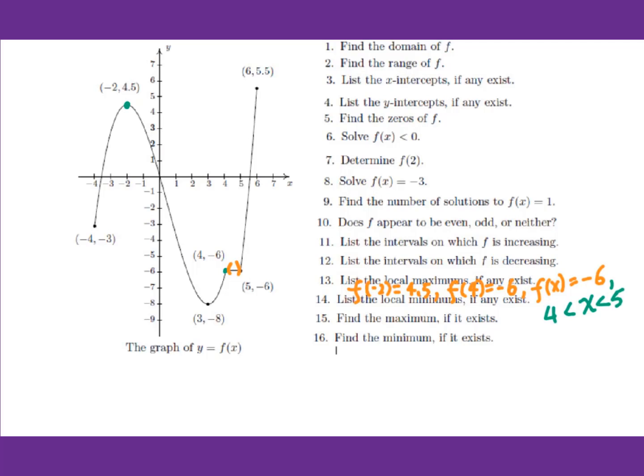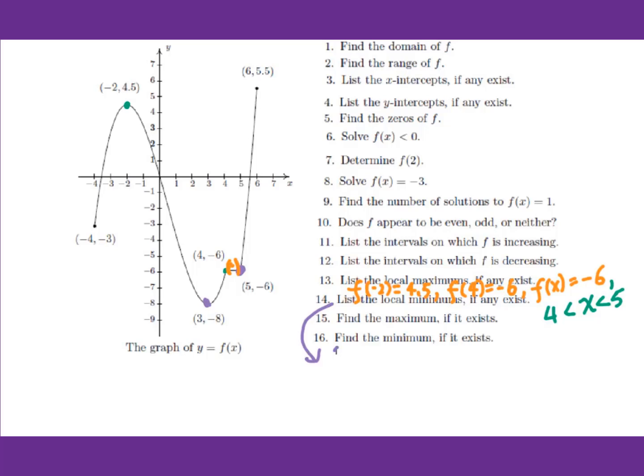For number 14, list the local minimum. For the local minimum, we know this is a local minimum. This point is a local minimum. And also the open interval horizontal line also counts as a local minimum.